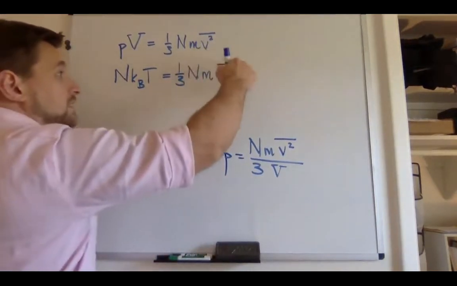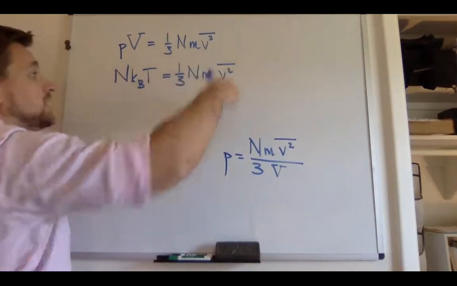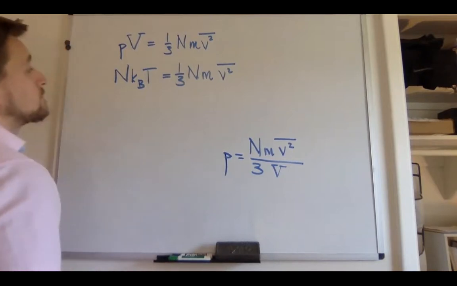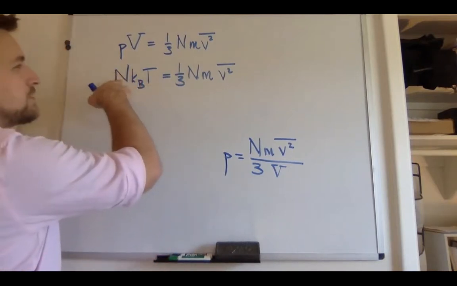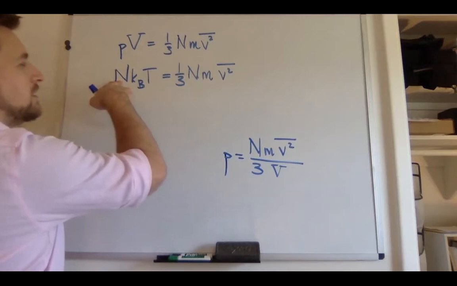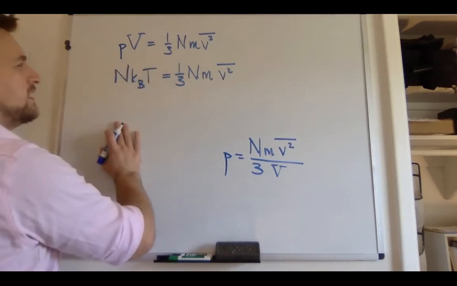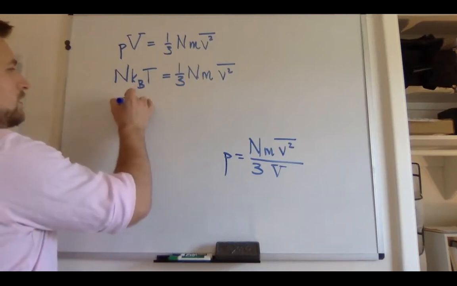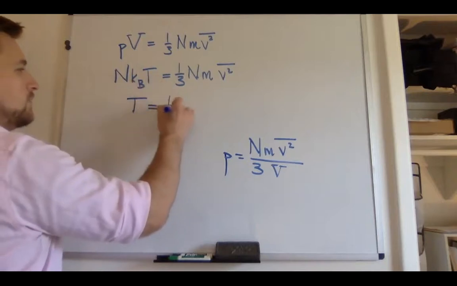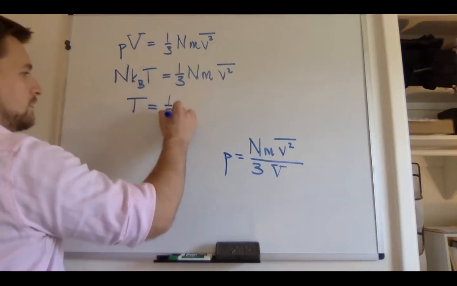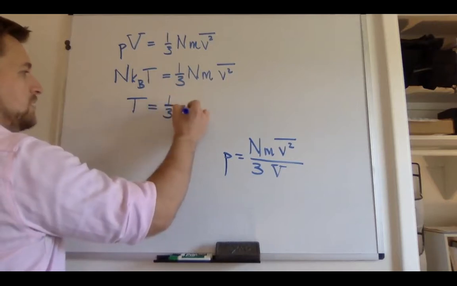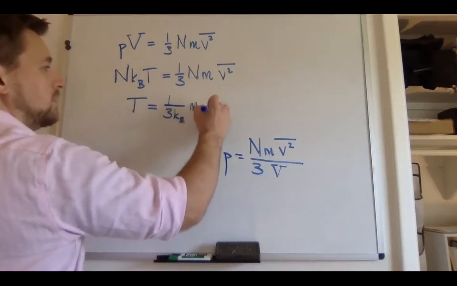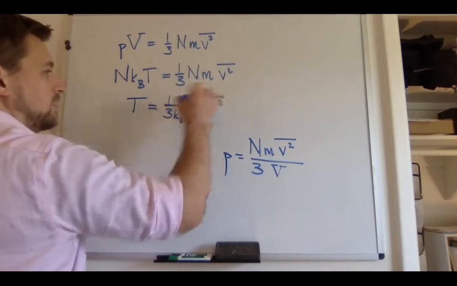Again, the over bar here, this isn't a vector arrow, it's average. The number of molecules shows up on both sides, so we can cancel that. And, oh wow, the temperature, 1/3 divided by k_B, and we got m v squared average.